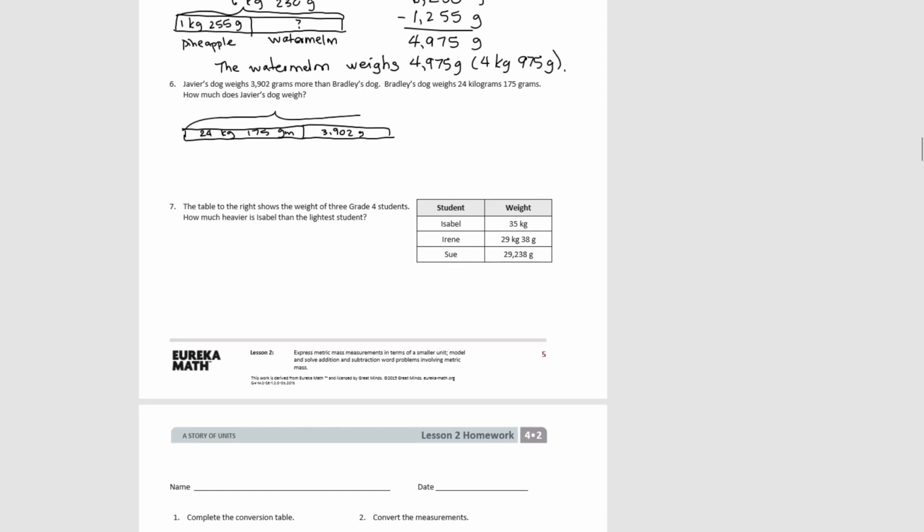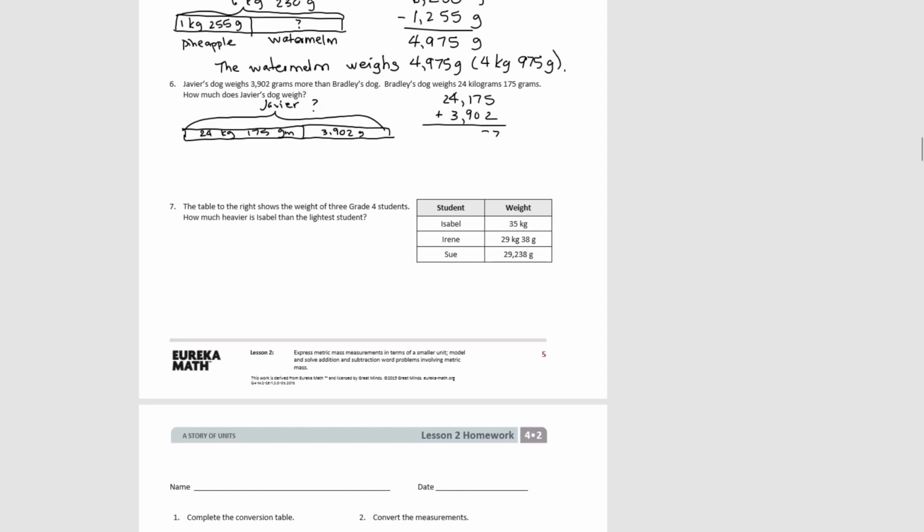And so we're looking for the total of Javier's dog, is the question. So when we see 2 parts and we're looking for a whole, we know that's addition. So if we turn both of them into grams, we have the weight of Bradley's dog and the amount more that Javier's dog weighs.